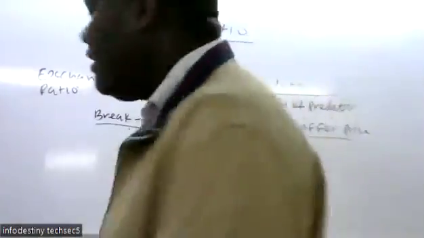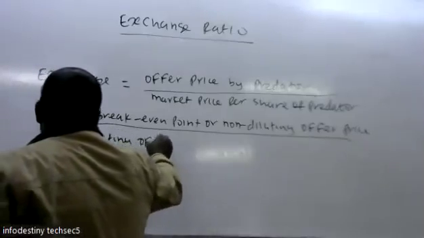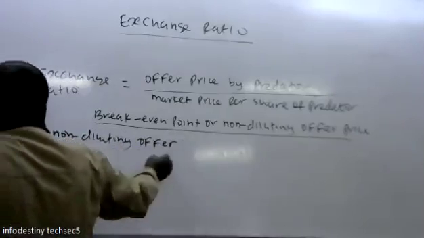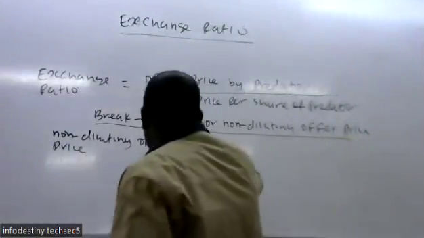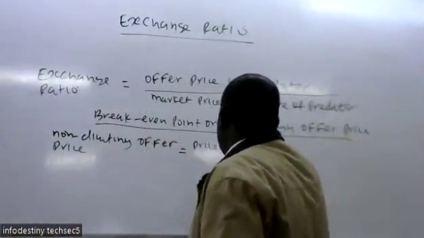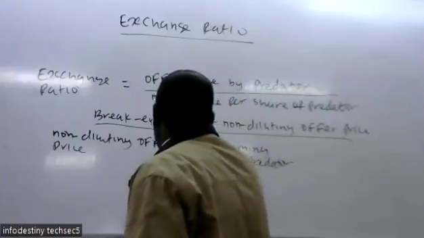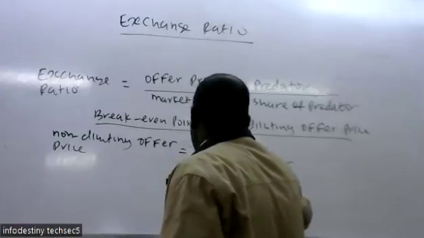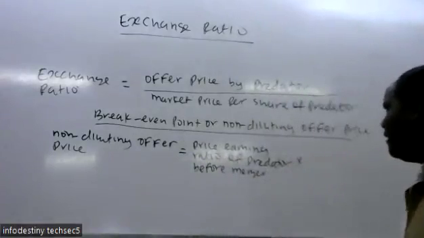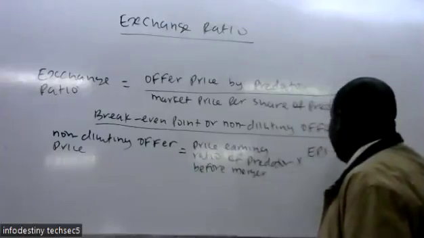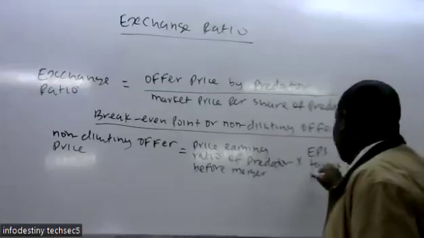To calculate the non-diluting offer price, it is supposed to be given by the price earning ratio of the predator before the merger, then we multiply by the earning per share of the target, also before the merger.